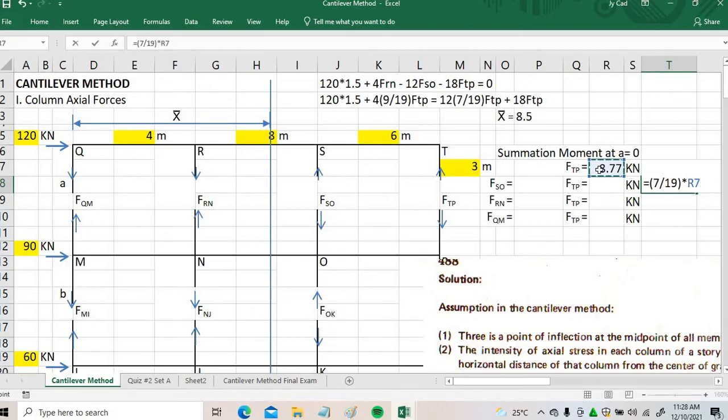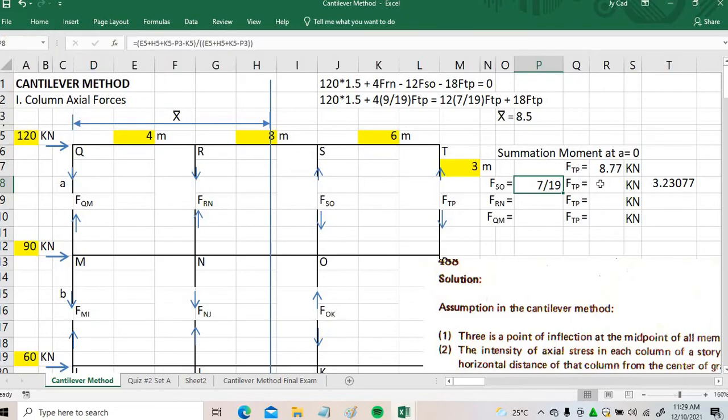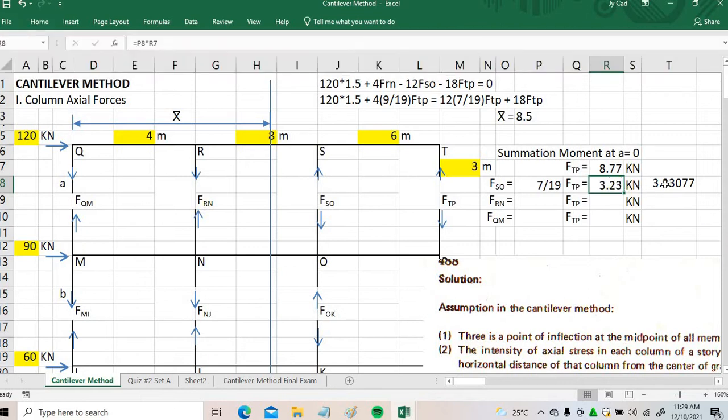Yan, 8.77. This is 3.23, so let's check. And then ito 3.23. Okay? So parehas sila.